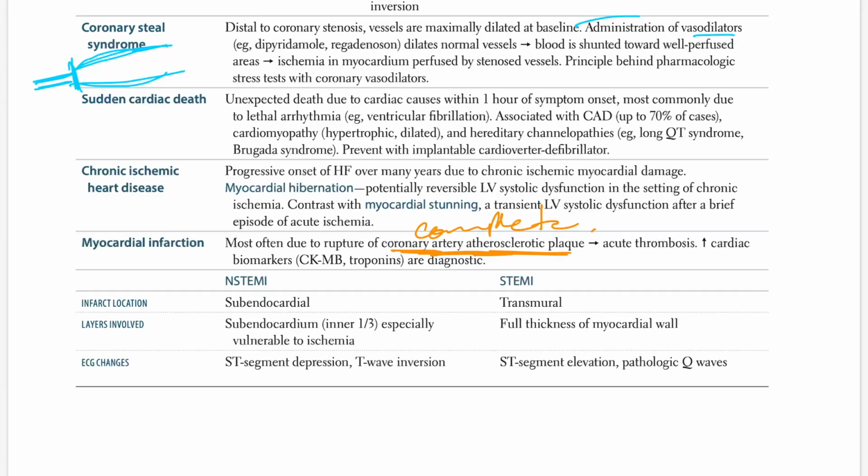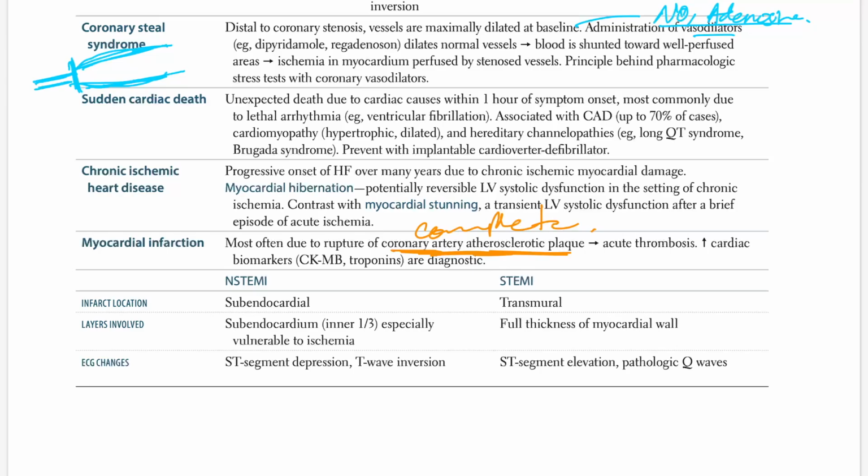So if there is no blood to the heart, what the heart does endogenously, it secretes nitric oxide and adenosine. And what are they supposed to do? Well, they are going to dilate the vessels distal to the stenosis.